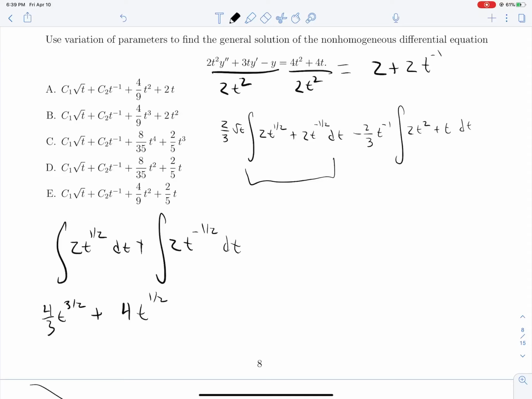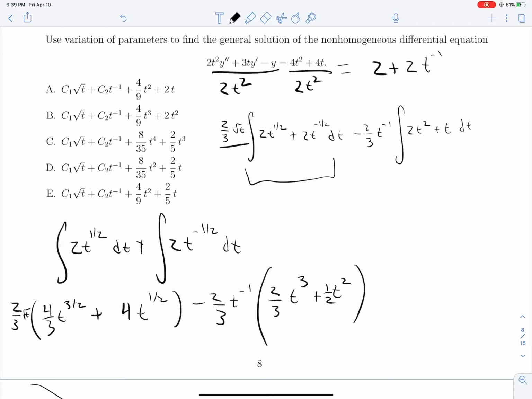Now, outside of everything, we have to remember we have our 2/3 root t. Oh, that's a little sloppy. And let's start computing our second half. We have minus 2/3 t to the negative 1 multiplied by the integral of 2t squared, which is 2/3 t cubed, and then plus t squared times 1/2.